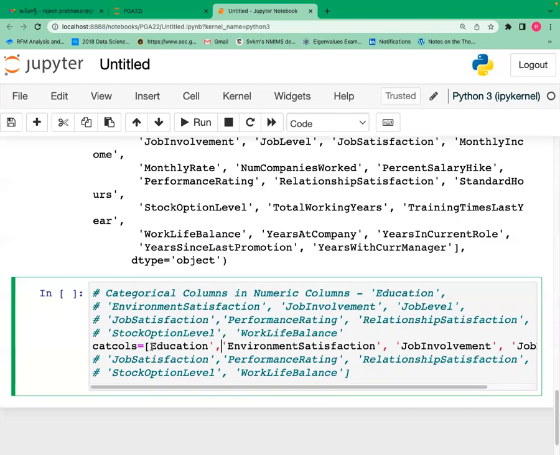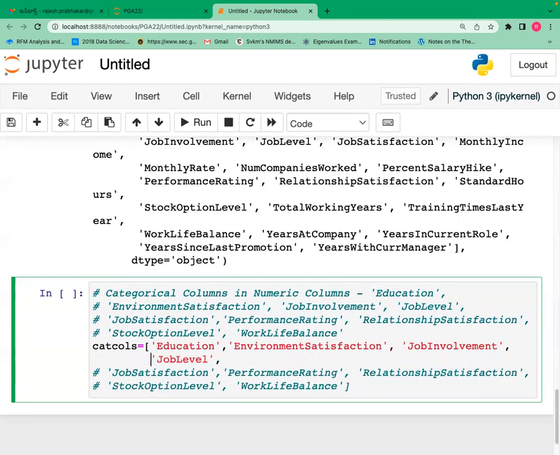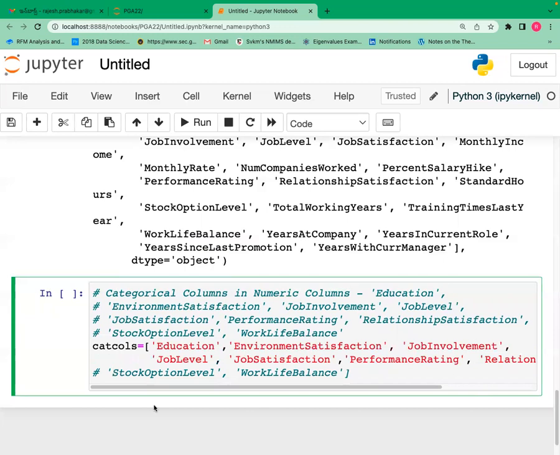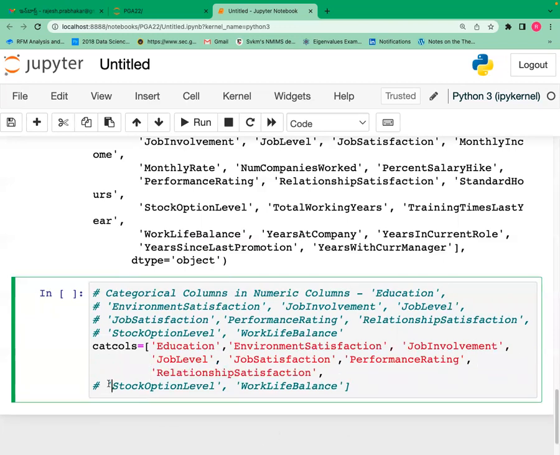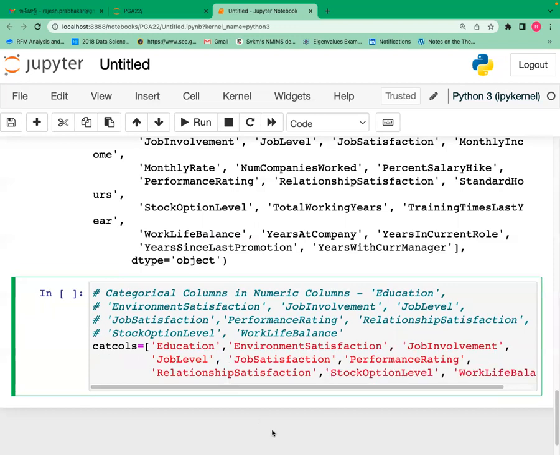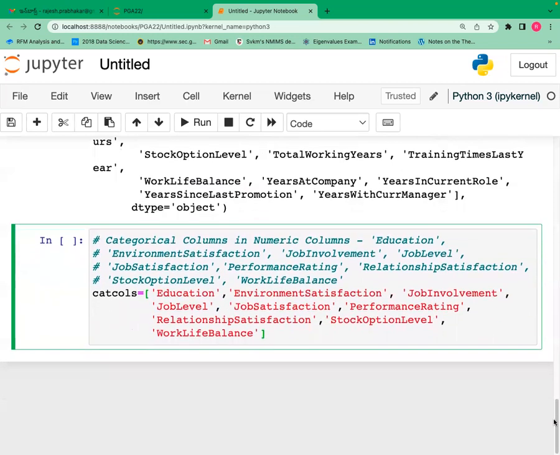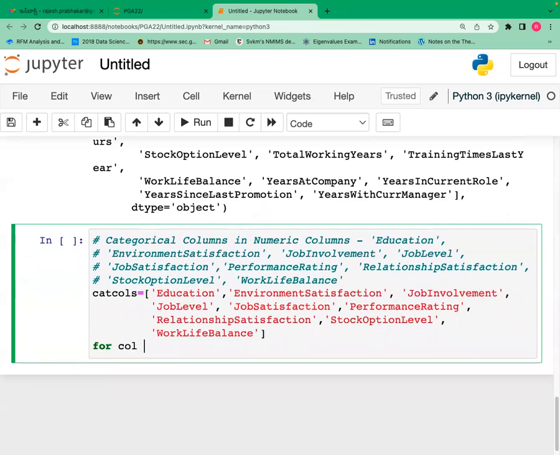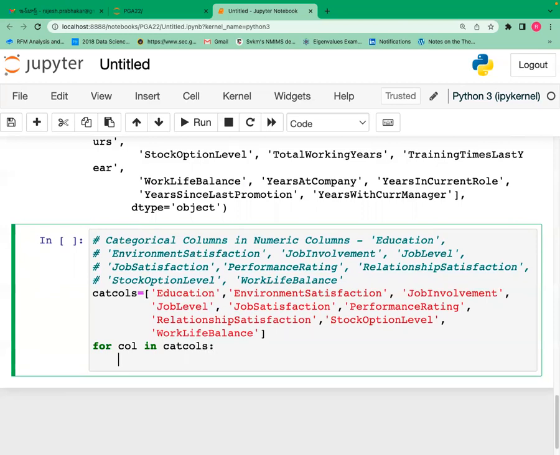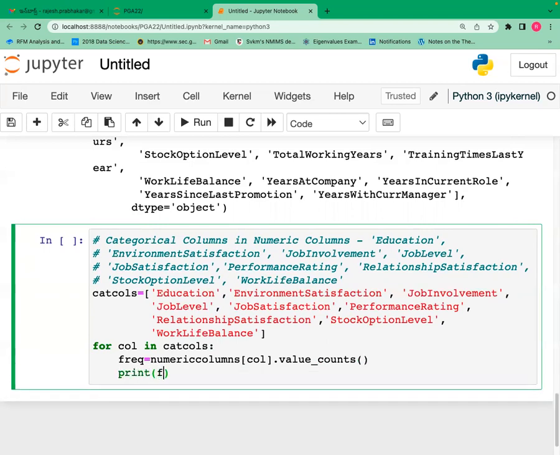Education, environment satisfaction, in single quotes. Then a simple rule: for col in cat_cols colon, frequency is equal to numeric_cols square bracket col dot value_counts, then print frequency.